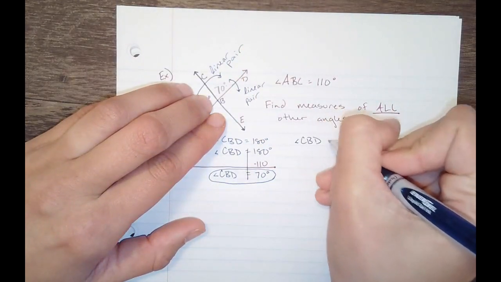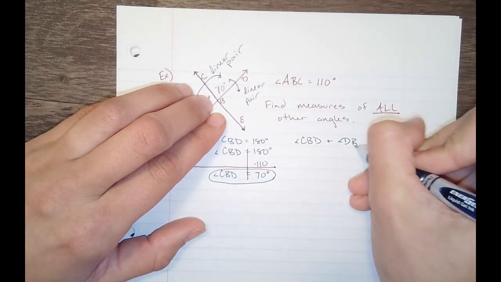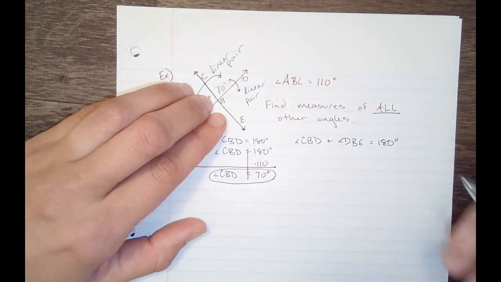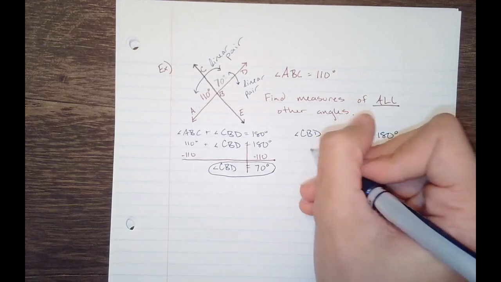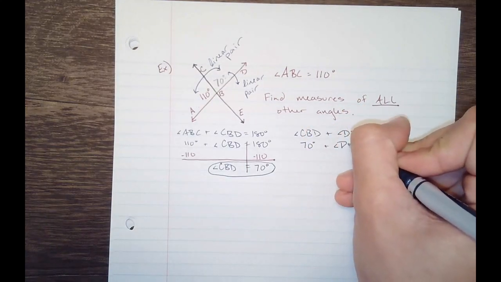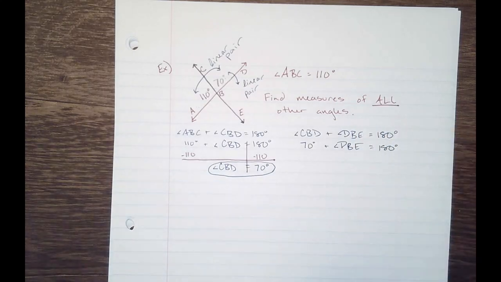So to solve for DBE, we'll subtract 70 on each side. And you're left with angle DBE is equal to 110 degrees in our picture.